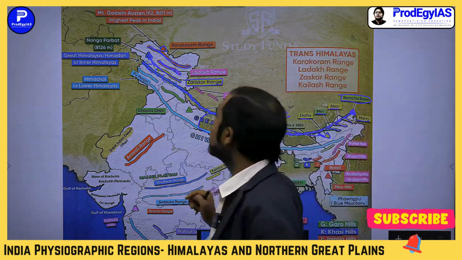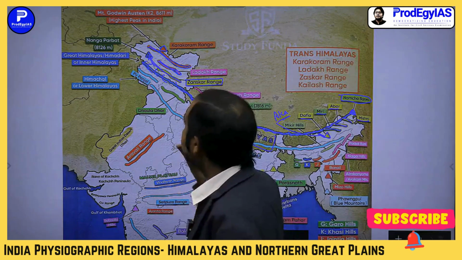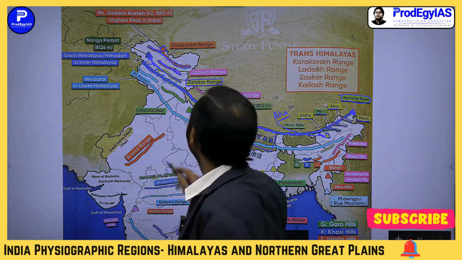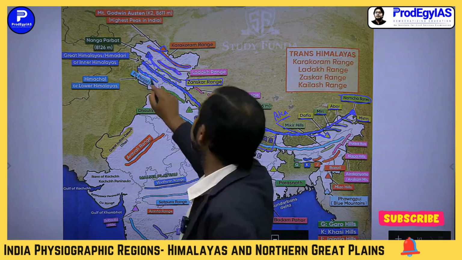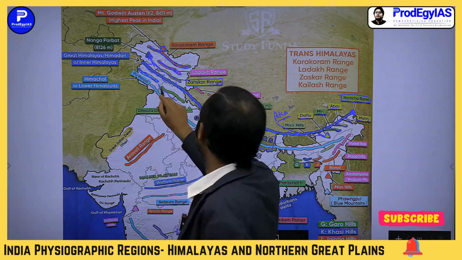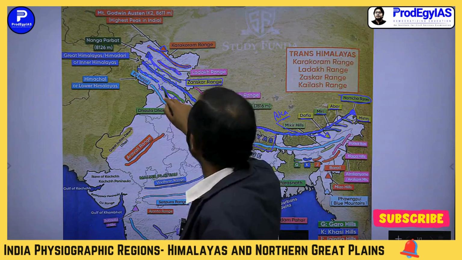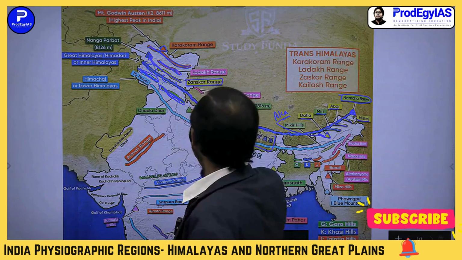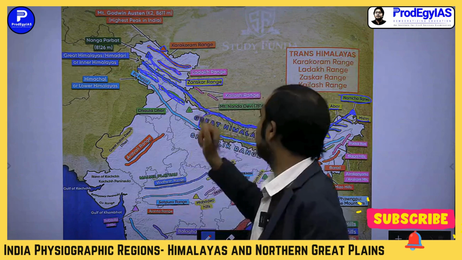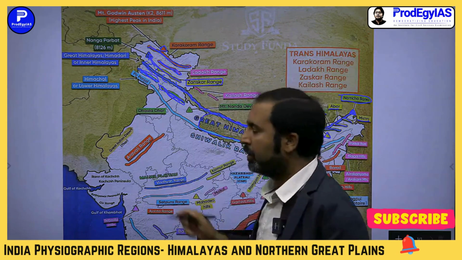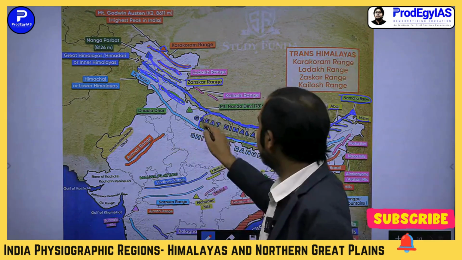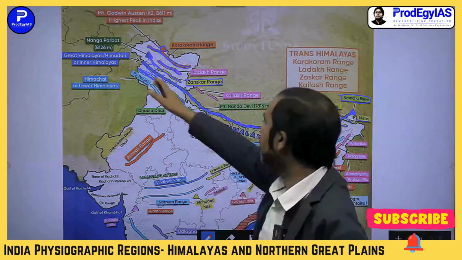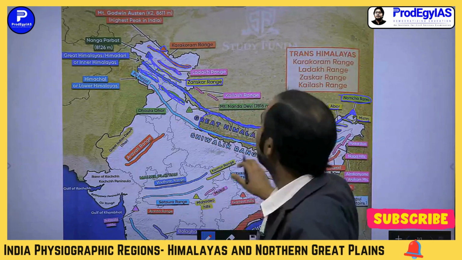South of the Greater Himalayas lies the Middle Himalayas or Lesser Himalayas. Lesser Himalayas are represented by Pir Panjal, this range, Pir Panjal and Dhauladhar, and its further extensions in the Kumaon Himalaya or Uttarakhand, which are known as Mussoorie, Nag Tibba, then further extension in Nepal, which is known as Mahabharat Lekh, means all through this extension.